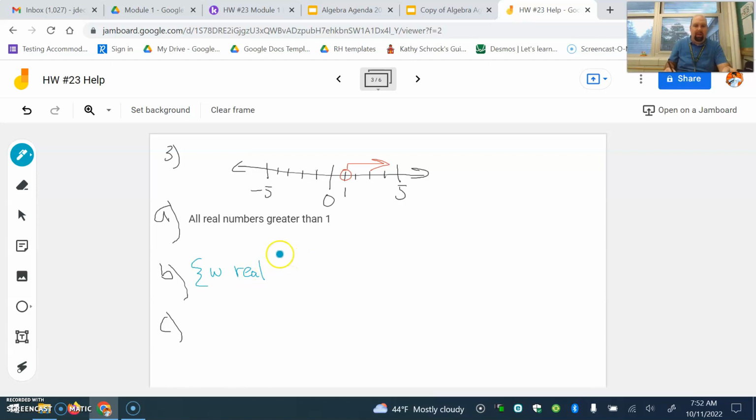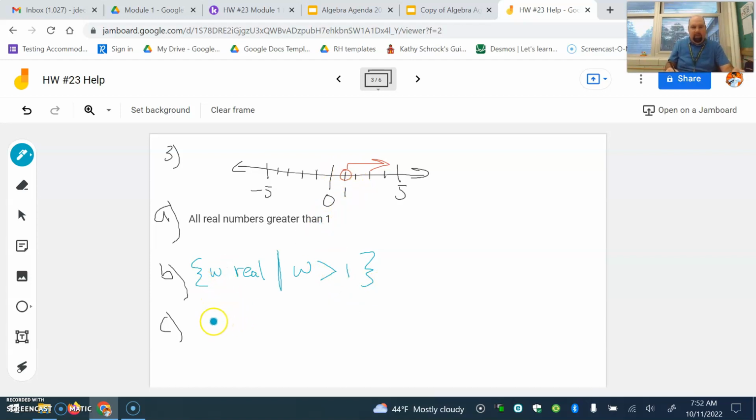Remember, when we do sets like this, we've got to put a barrier or a wall to separate. We're identifying W as real numbers because it's not just one solution, it's many, so we've got to include all of those. And we're going to say W is greater than 1. Not greater than or equal to, just greater than. That's why it's an open circle.